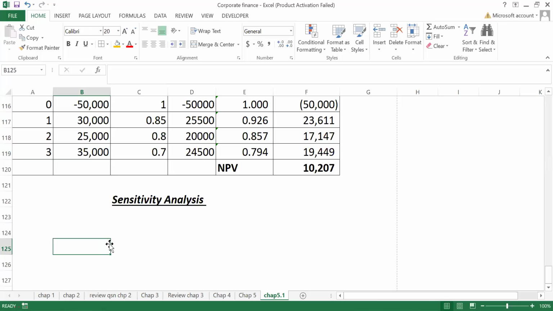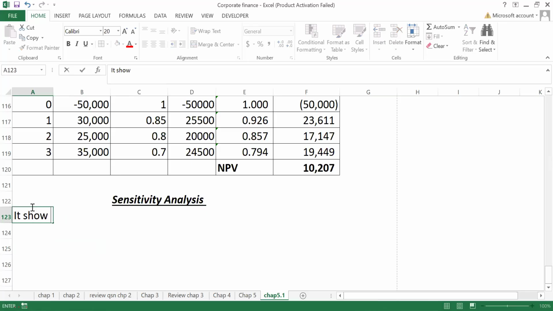So you look at variable per variable when you are computing your NPV. The variables are those you are using to compute your NPV.